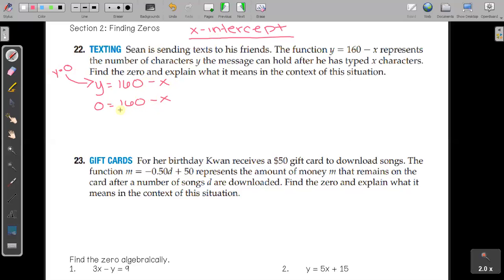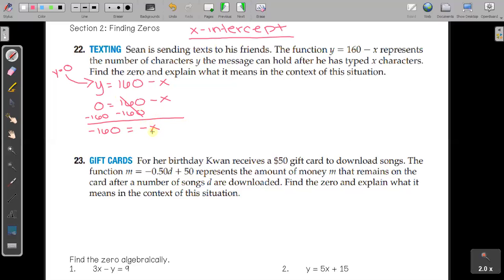Get the loose number to the other side. So we have 160, which is positive, so we're going to subtract it from both sides. Zero minus 160 is negative 160 equals, and bring down negative x.